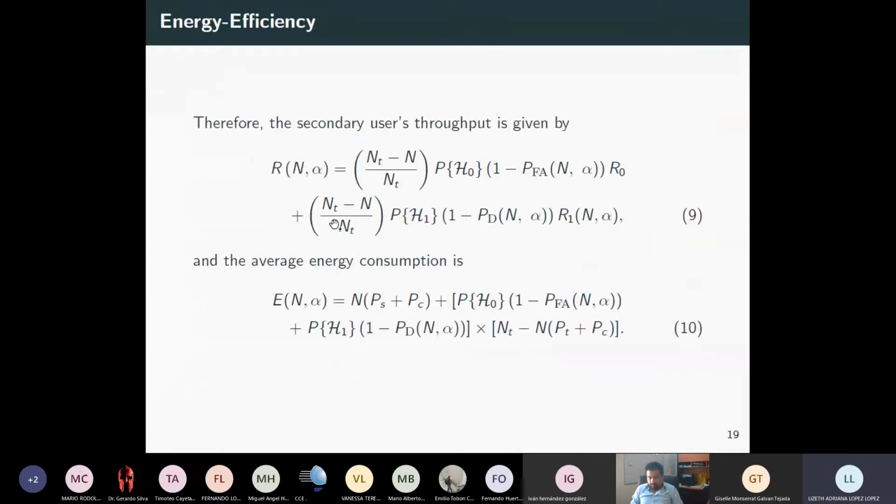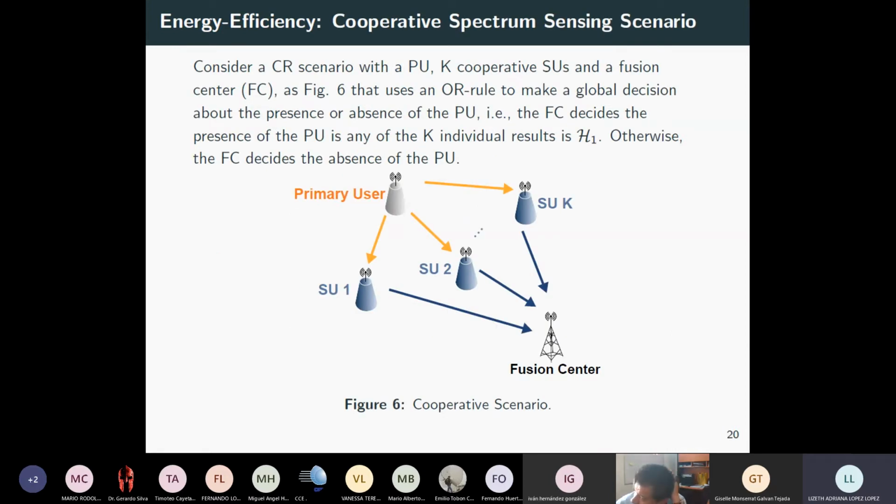Finally, we have that the average secondary user throughput is given by equation 9, and the energy consumption is given by equation 10. For the cooperative scenario, we consider one primary user and k cooperative secondary users with a fusion center that implements an OR rule to decide whether the primary user is present or absent.